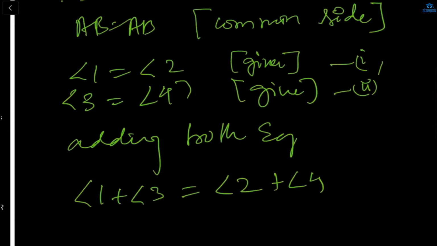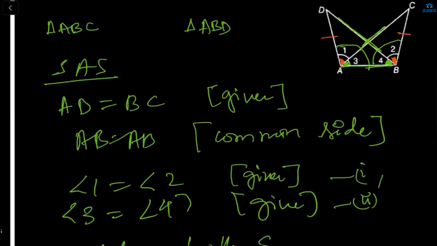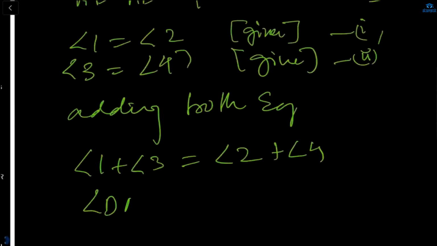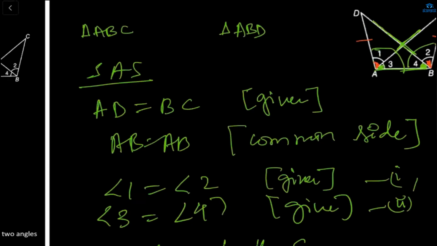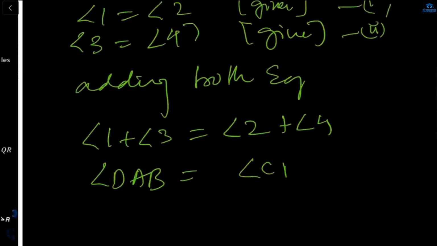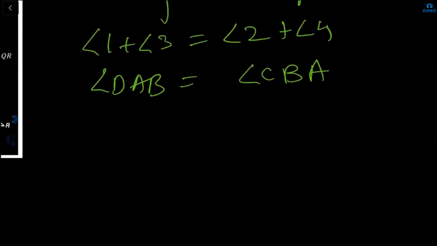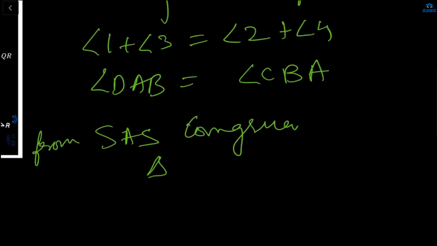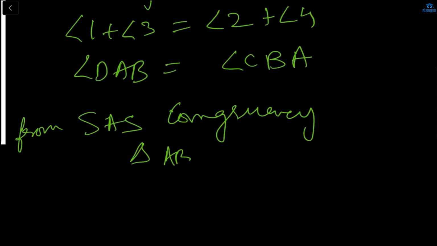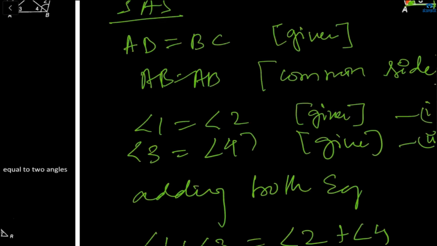Now, angle 1 plus 3 is angle DAB, and angle DAB is equal to angle CBA. So we have SAS congruency: from SAS congruency, triangle ABC is congruent to triangle ABD.